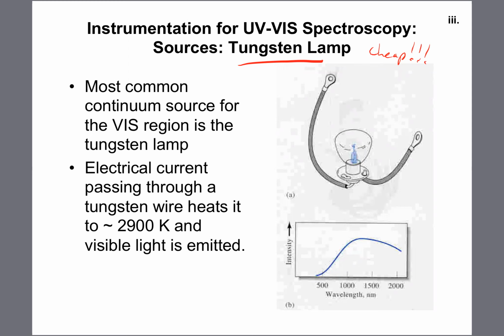Because these have been around for so long, their mechanism of operation is well understood, and they're widely manufactured, so very, very inexpensive as a result, okay? It's an inexpensive source, and it can be made reasonably stable if the current through the device is controlled. The interesting thing about this is it makes a really good visible light source, but no UV, okay?